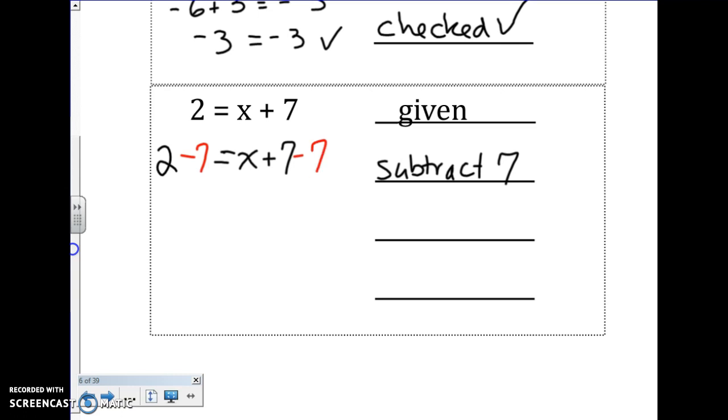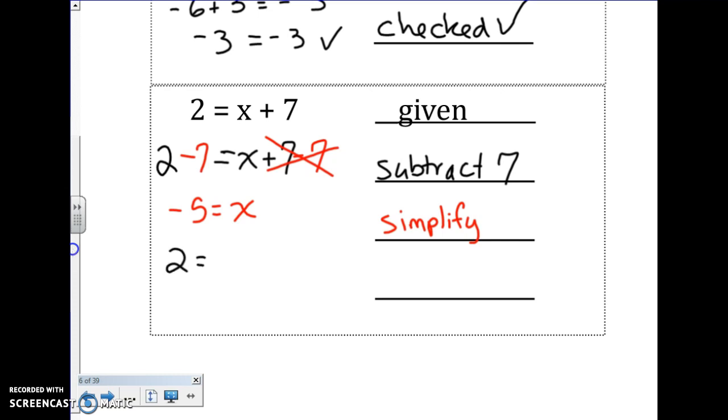And then what happens is positive 7, negative 7 cancel out to 0, and I'm left with negative 5 equals x. So now my x is isolated. I've solved for it. Alright, I simplified it.